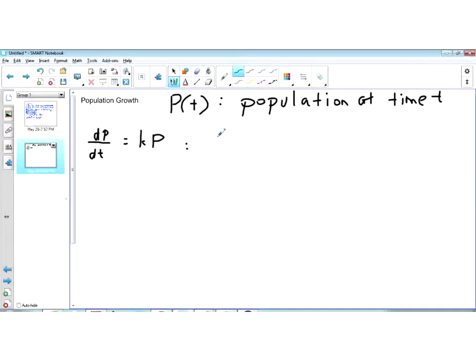If we divide both sides of this equation by P of t, we have 1 over P times the change in population with respect to time equal to your constant k. We define this parameter right here as the relative growth rate.